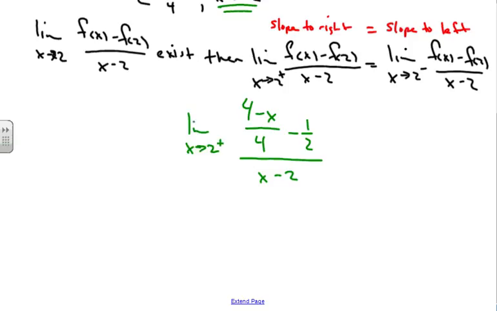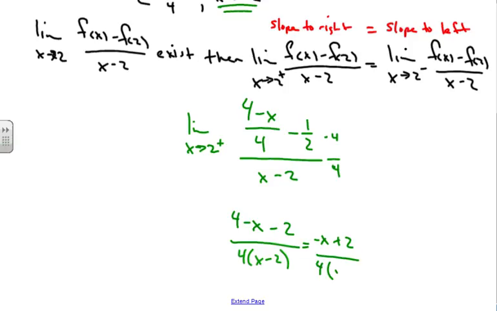In doing so, we can realize that we might need a common denominator. So I'm going to eliminate this denominator by multiplying everything by 4, top and bottom, just to get rid of that denominator. When we do that, we have 4 minus x minus 2, all over 4 times x minus 2. We can simplify this a little bit, and we have negative x plus 2 over 4 times x minus 2.